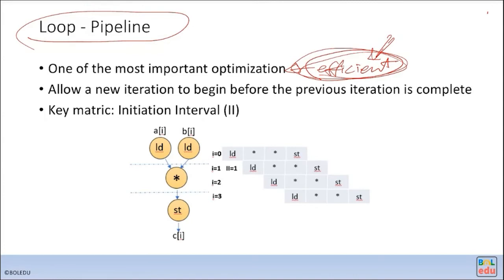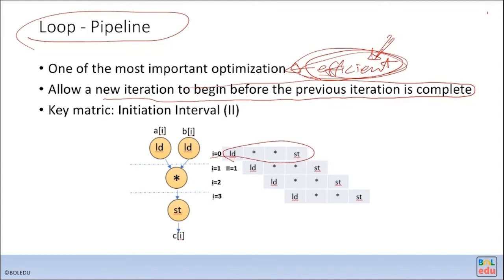It allows a new iteration to begin before the previous iteration is complete. For example, for this operation, it takes a full cycle. So if you do no pipeline, your throughput will be 1/4: four cycles and generate one output, right?